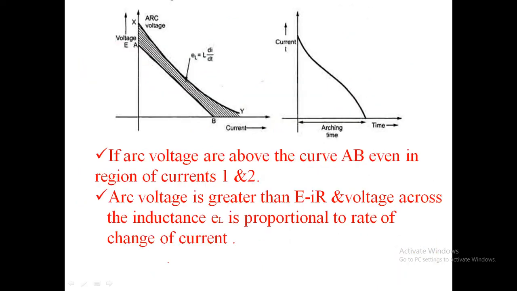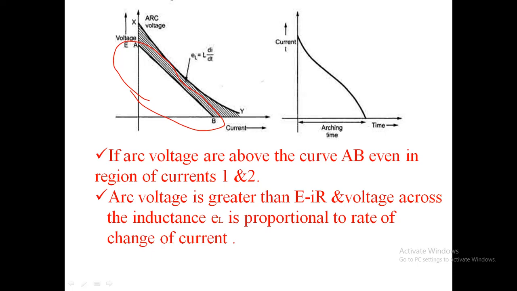If the voltage across the inductance is positive in the region of currents I1 and I2, the characteristics will lie below the curve AB. The arc current in this region tries to increase, so interruption of current in this region will not be possible.